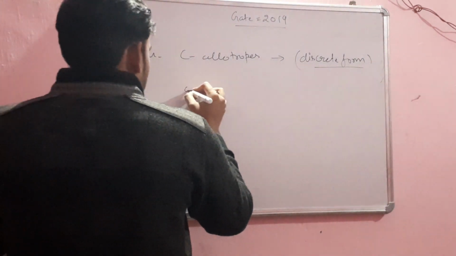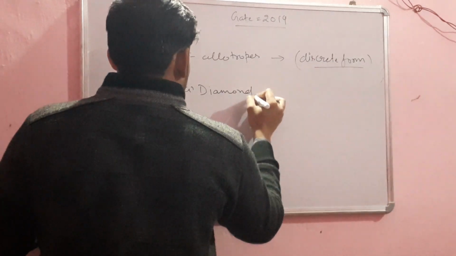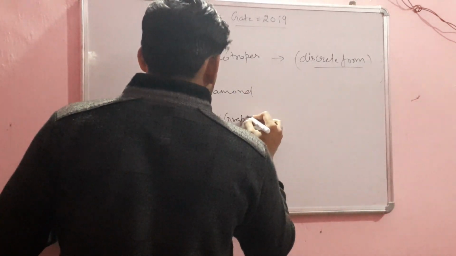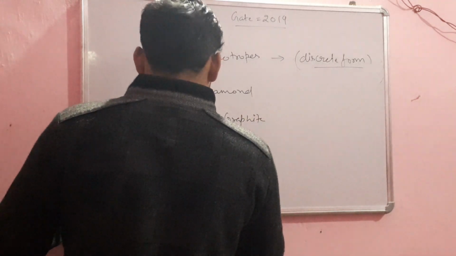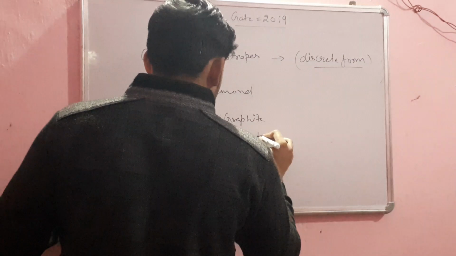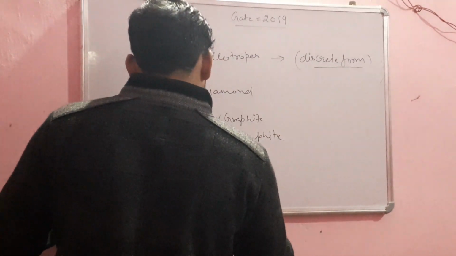Your options are diamond, then graphite, then beta graphite. Okay, these all are allotropes of carbon, and then fullerene.